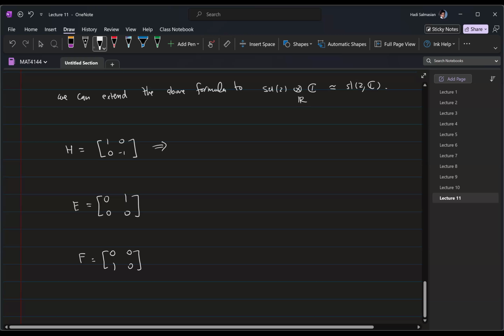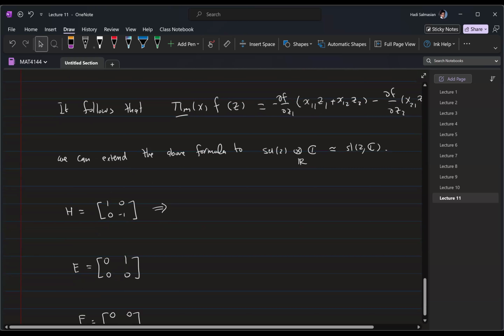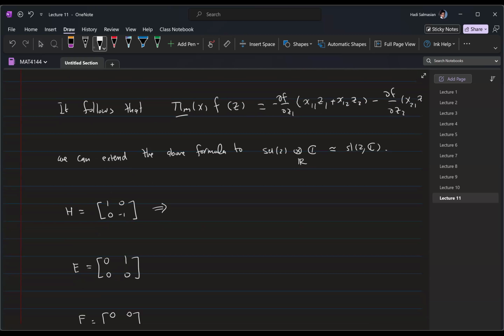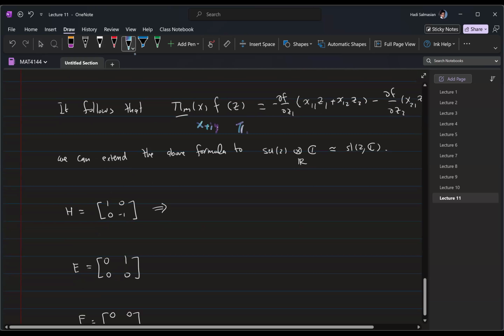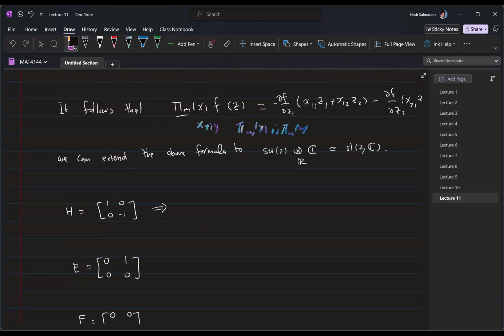And now I can still plug in the entries of these matrices in the formulas for the pi m x, because even though these matrices are not in SU2, they are in the complexification. So I could just say pi m of x plus iy would have been pi m of x plus i times pi m of y. I could have expanded this linearly, right? I'm just complexifying everything to get the representation of the complexified Lie algebra.